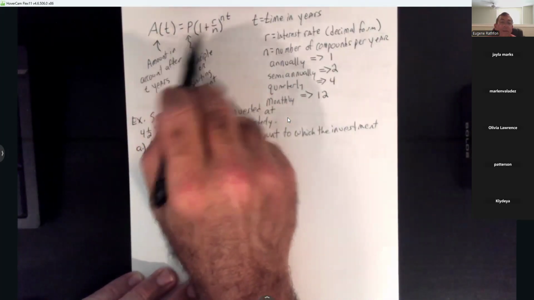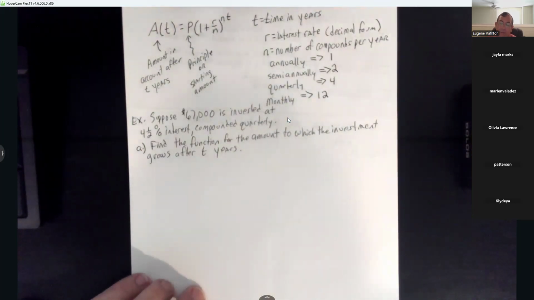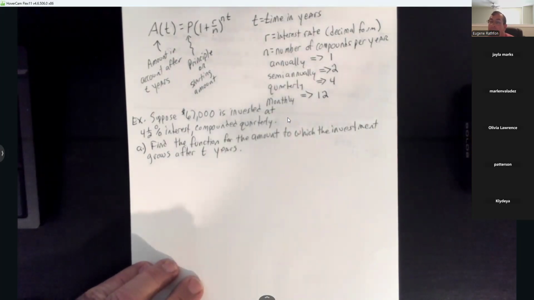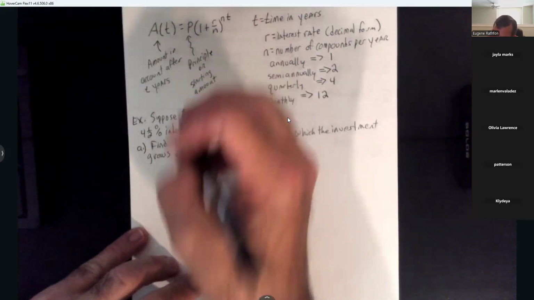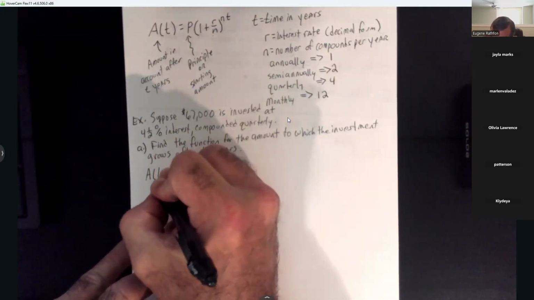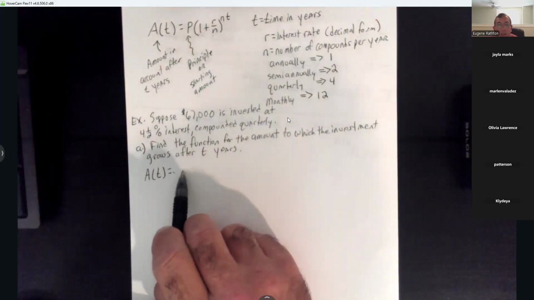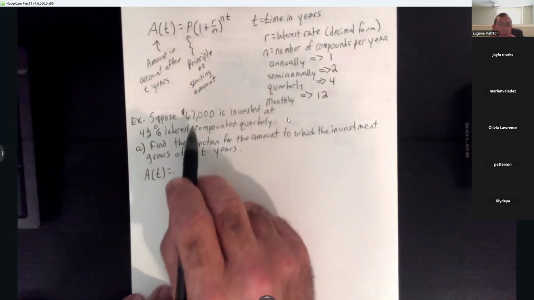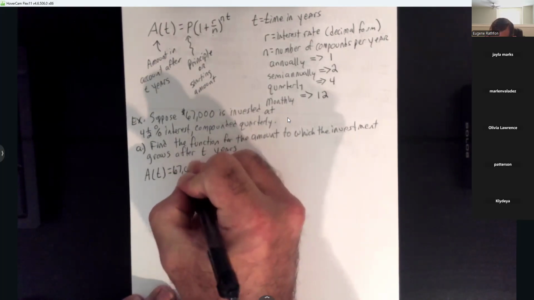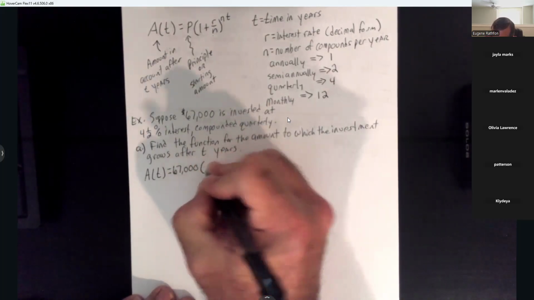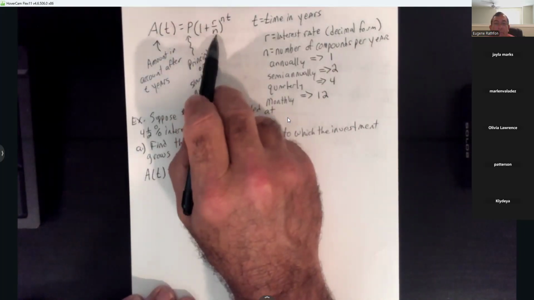So basically, they want me to fill this out to come up with a formula that I can use to find my amounts after a certain amount of years, okay? So it's going to be A of T equals P. So that's my starting amount, we said. My principal balance that I started with was 67,000. Then I got parentheses 1 plus R divided by N.